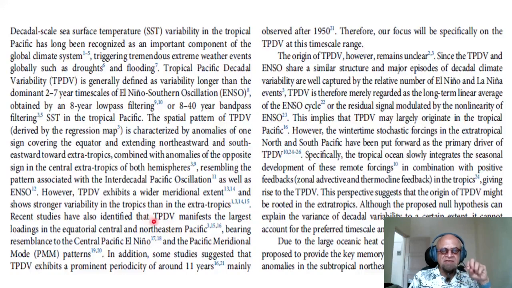However, TPDV exhibits a wider meridional extent and shows stronger variability in the tropics than in the extratropics. Recent studies have also identified that TPDV manifests the largest loadings in the equatorial, central and northeastern Pacific, bearing resemblance to the central Pacific El Nino and the Pacific meridional mode patterns.